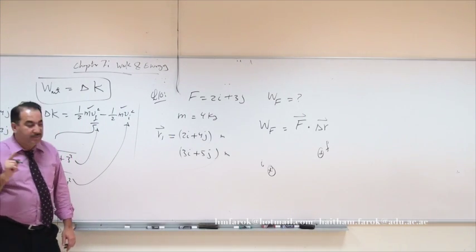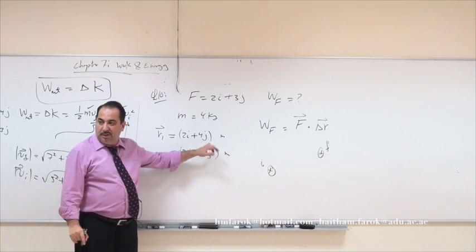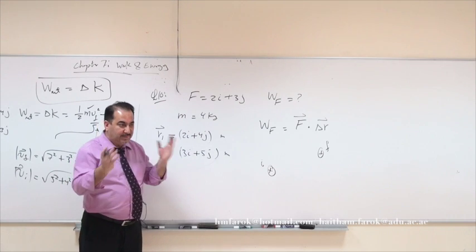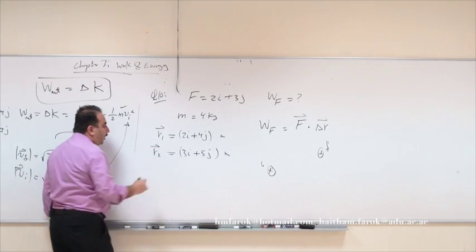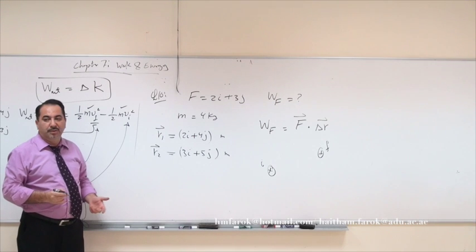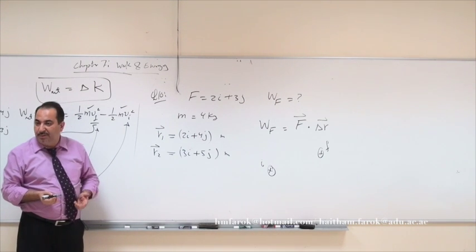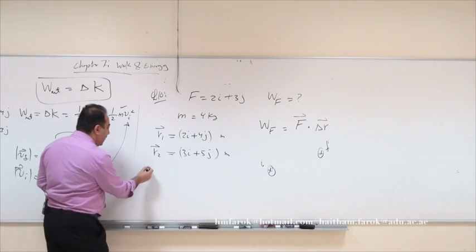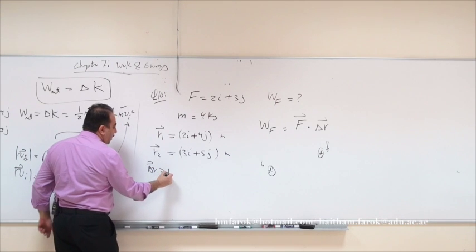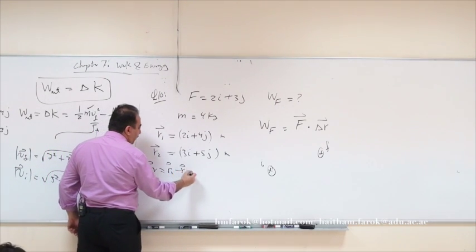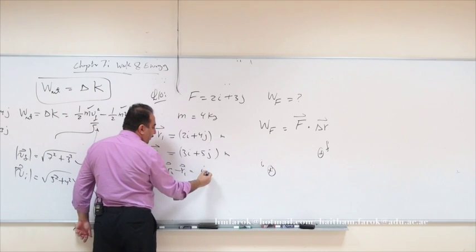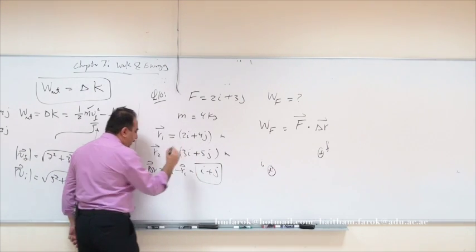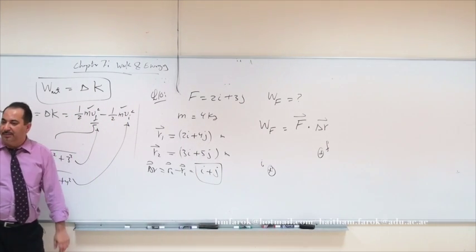Not x1, since here we have i and j. And the second point. So if you know r2 and r1, can you find delta r or not? Subtract. So delta r, the displacement vector, is r2 minus r1, which is (3 minus 2) i plus (5 minus 4) j. Now we know the delta r vector.